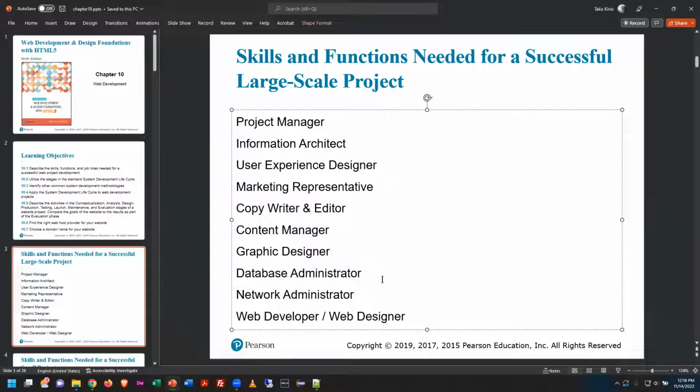For a lot of the websites that we develop, especially as you learn more skills, you will learn that a lot of websites are database driven. So they have a database on the back end that retains some of the information. And often you might have to work with a database person to make that all happen. And then the part that you guys came to school for, right, is the web developer designer. These are the people that actually code out the website and build it.